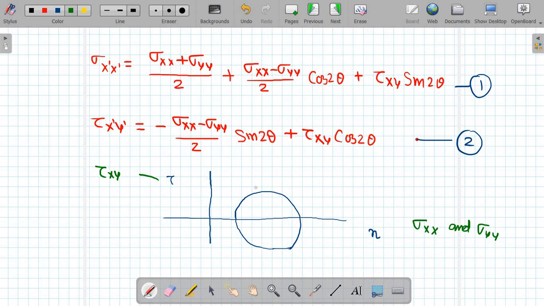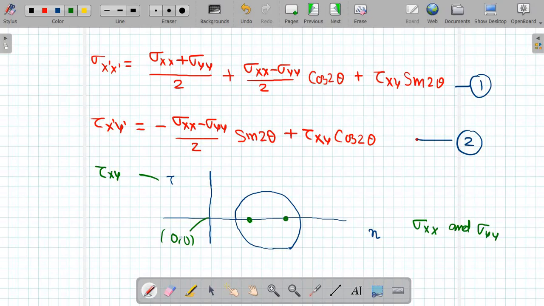So what I am doing is just making a graph. Here I may consider one grid block as 1 MPa, or 0.1 MPa, or 2 MPa, something like that. So this is the scale and this is nothing but the 0, 0.